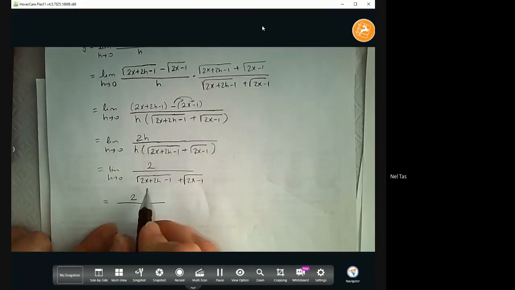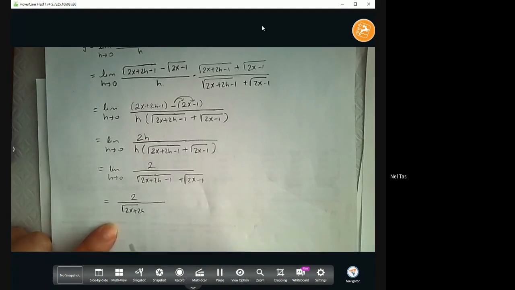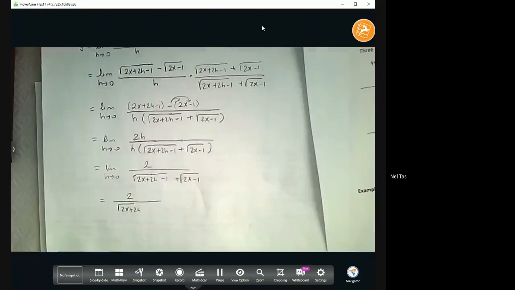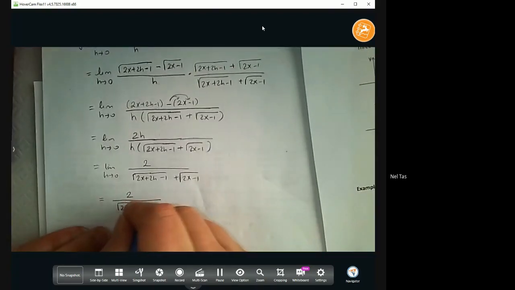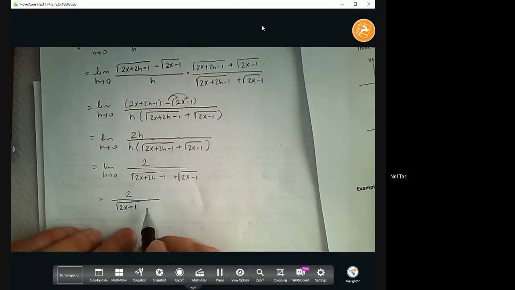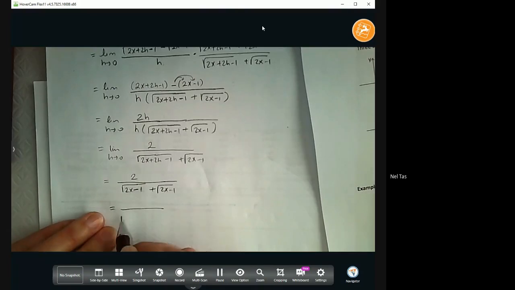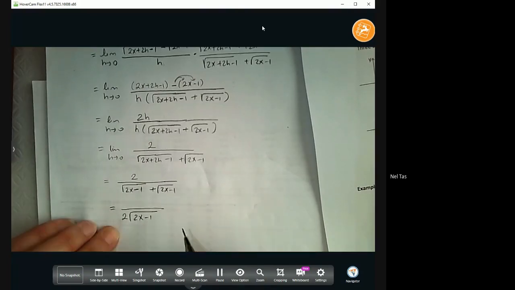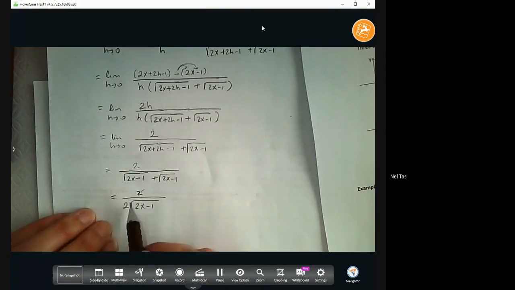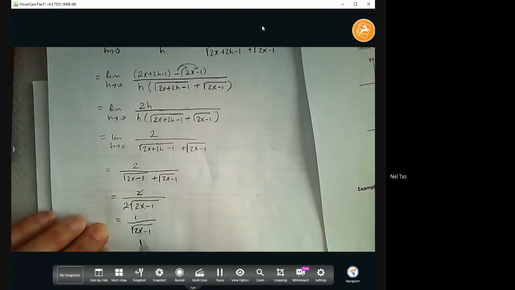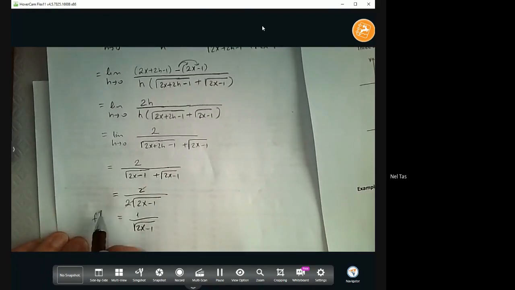When you substitute 0, h is 0, so you have square root of 2x minus 1 plus square root of 2x minus 1. That gives you 2 times square root of 2x minus 1. So 2 and 2 are gone, and you get 1 over square root of 2x minus 1. That is the derivative function, f prime.